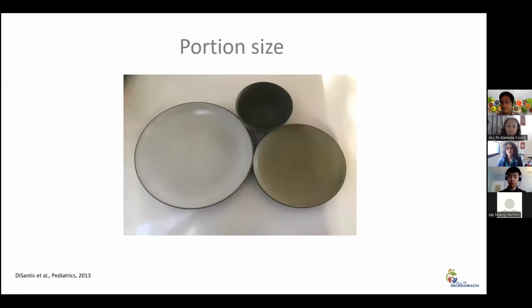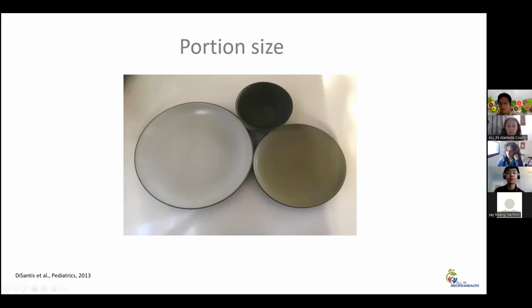It turns out that the size of the plate seems to hardwire our brains a little bit to inform the size of our appetites. So the bigger the plate, the more food we take and the hungrier we feel.